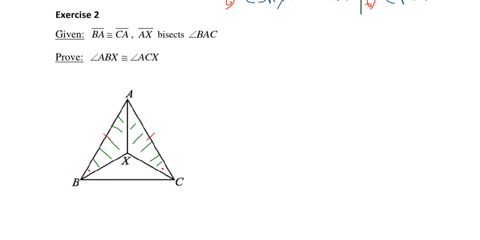Instead, we have other pieces of information, such as that AX is the bisector of angle BAC. So this angle BAC is being bisected. And we know that when an angle is bisected, it's divided into two congruent angles.